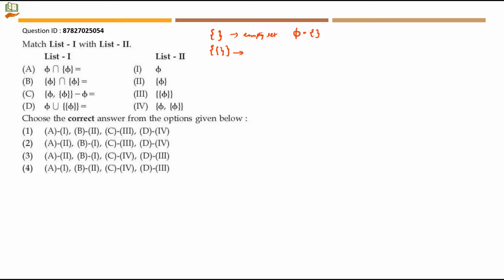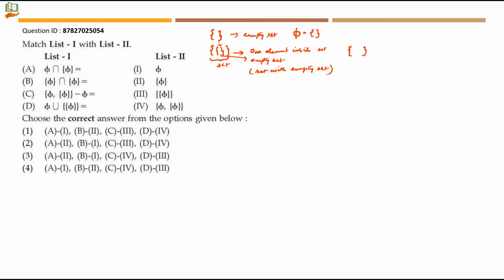Then what is this symbol? This is actually a set. Inside the set we have one element. It means it is not an empty set on the whole. But inside the set you have this symbol here. What does this mean? So inside there is a set that is an empty set. So we can say this is a set with one element and that element is an empty set. So the set with empty set will be represented this way.